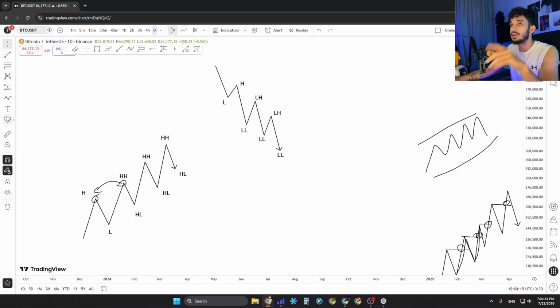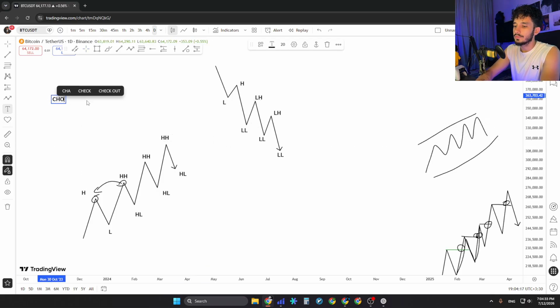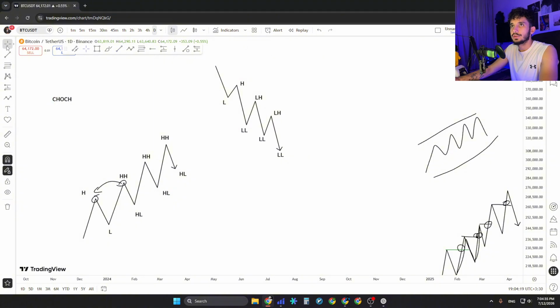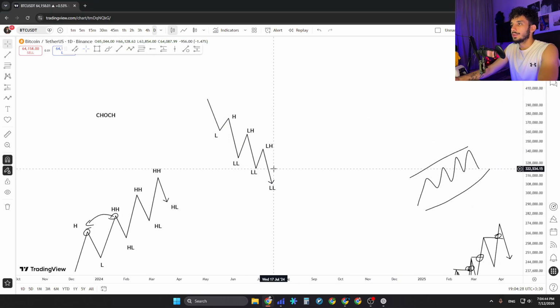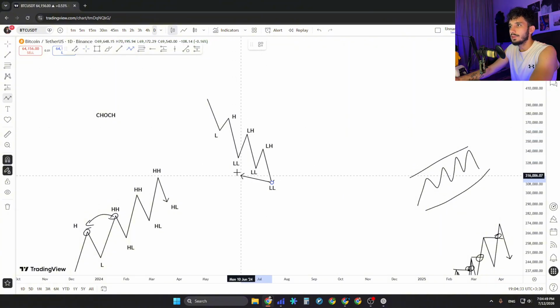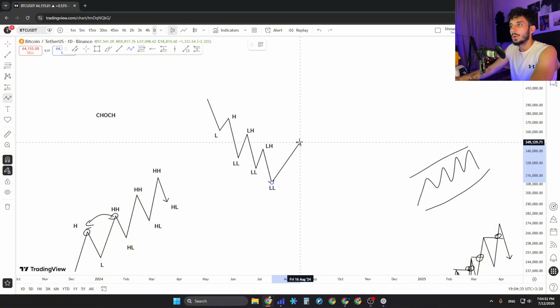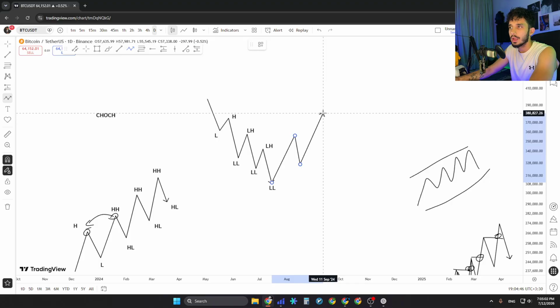No. This is where we get a change of character. Let's explain it. CHOCH, or change of character. Guys, look, for example, this trend here. After all of this downtrend, finally I have a higher high and a higher low.